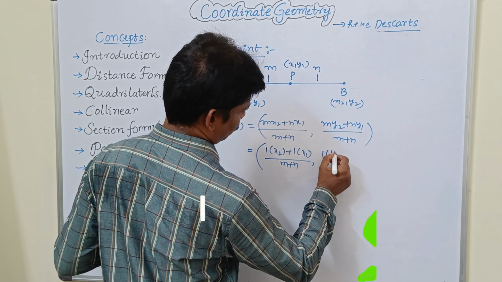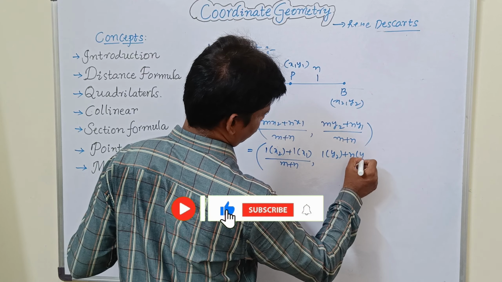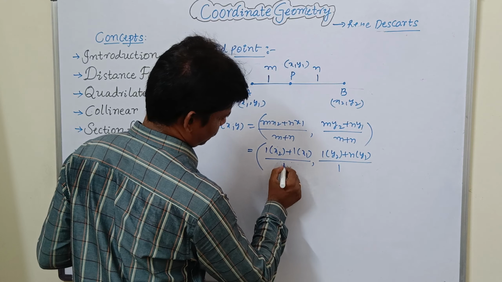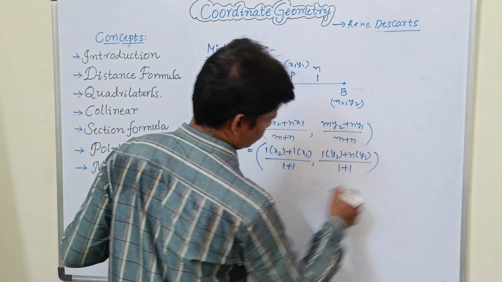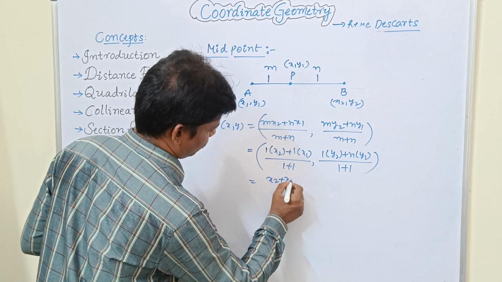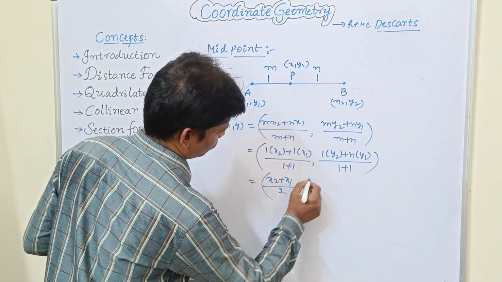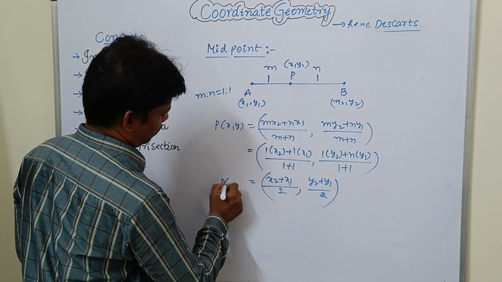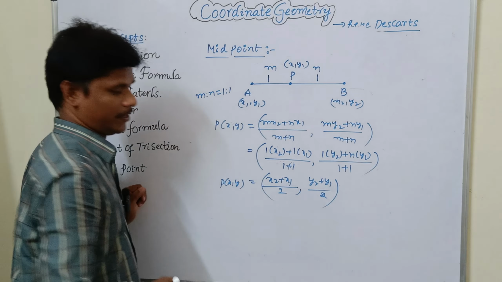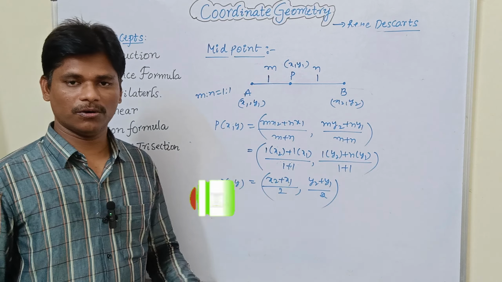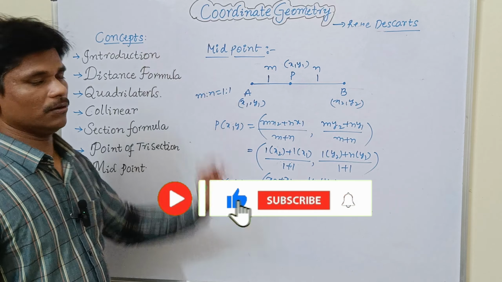Here also 1 into y2 plus 1 into y1 by 1 plus 1. Here m plus n means 1 plus 1, m is 1, n is 1. Then simplify: (x2 plus x1) by 2, (y2 plus y1) by 2. This is the midpoint of the given line segment AB. Okay, so this is the overall concept about coordinate geometry.